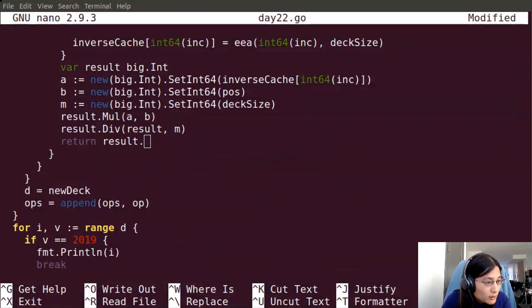How do I convert? How do I coerce this back? How do I extract the result? Oh, there's even a new int function.